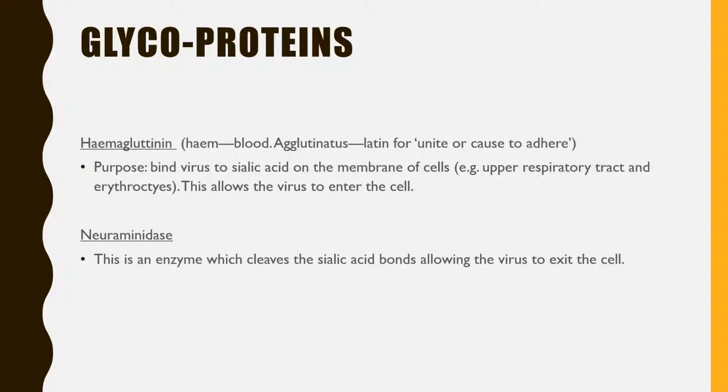The purpose of hemagglutinin is to bind viruses to sialic acid on the membrane of cells, such as the cells of the upper respiratory tract or erythrocytes, so blood cells. The reason this is so useful is that it allows the virus to enter the cell. And then neuraminidase, which is the N, is an enzyme which cleaves the sialic acid bonds, allowing the virus to exit the cell.